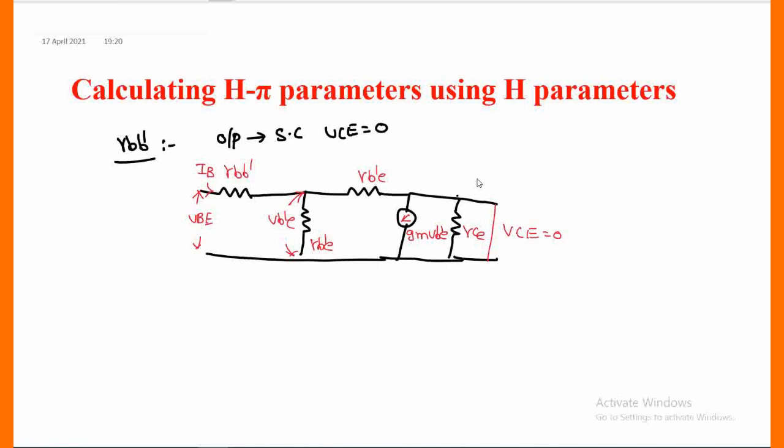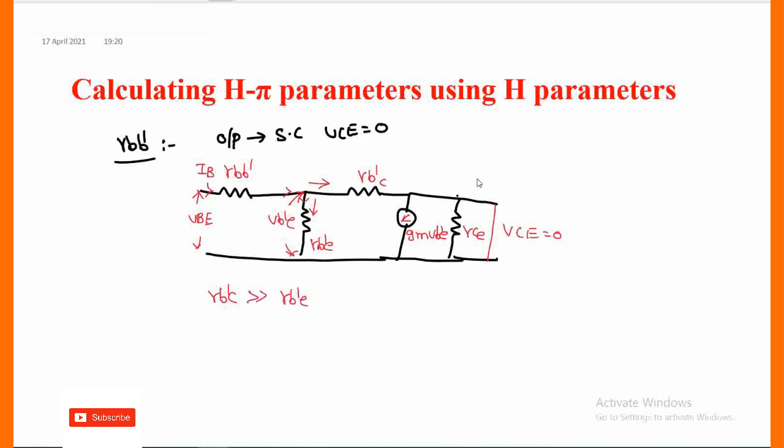Now, as we have already discussed, IB flows in two branches on either side, RB'E as well as RB'C, but the RB'C value is much greater than RB'E.